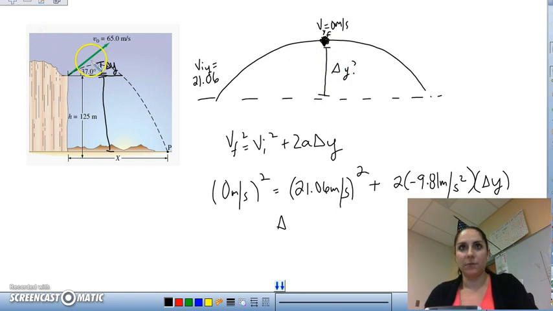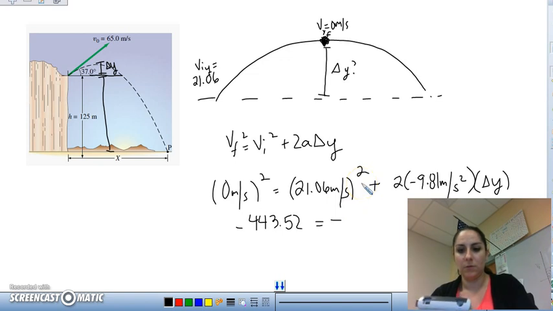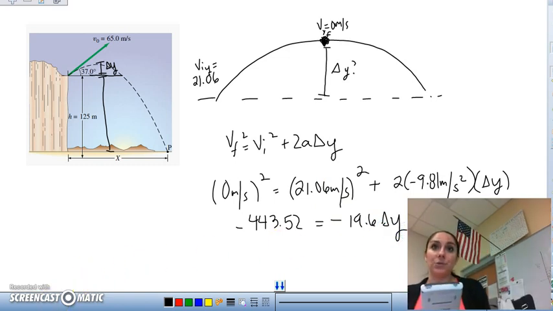So I will show you. 21.06 squared. If I move that over, I get negative 443.52 equals negative 19.6 delta y. So now we solve for delta y: 443.52 divided by 19.6.